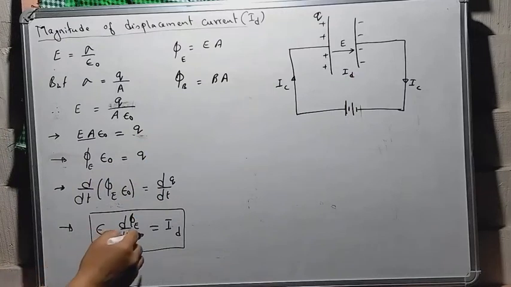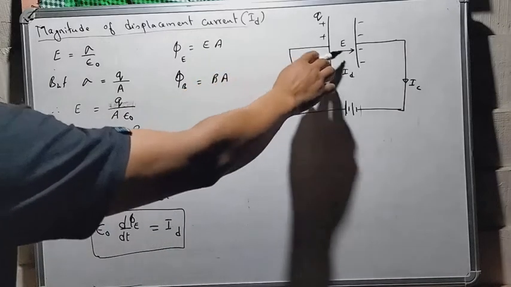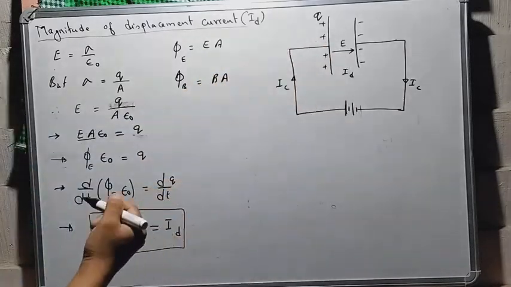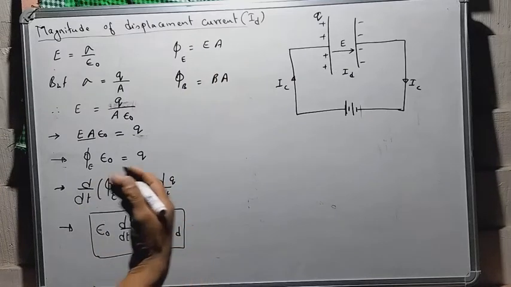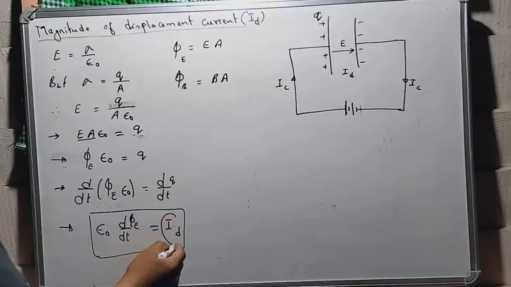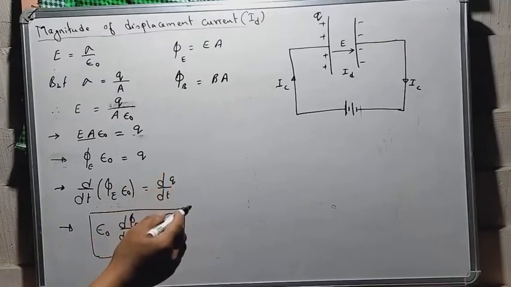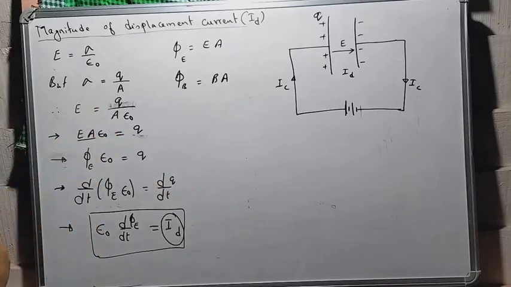Again, from here, I can say that d phi upon dt is the rate of change of electric flux. When the electric flux inside the capacitor is changing, it means the electric field is varying. That varying electric field creates a displacement current, and this displacement current in turn produces a magnetic field.